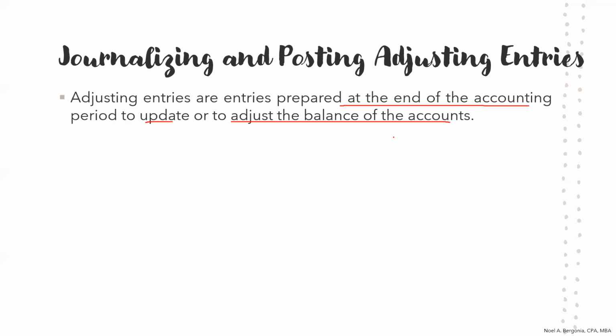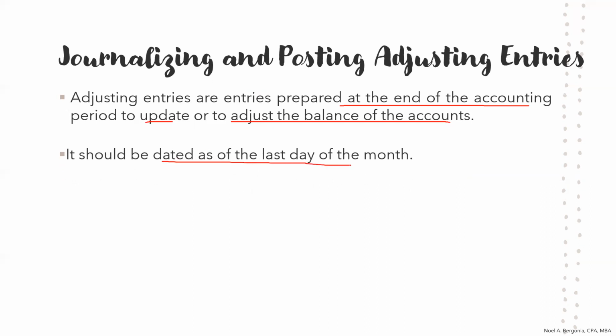Those were discussed way back in module number 4. They are used to update the balances, and take note, they should be dated as of the last day of the month that we are preparing. Do not forget: if the last date is 30, it should be dated 30, or 31.